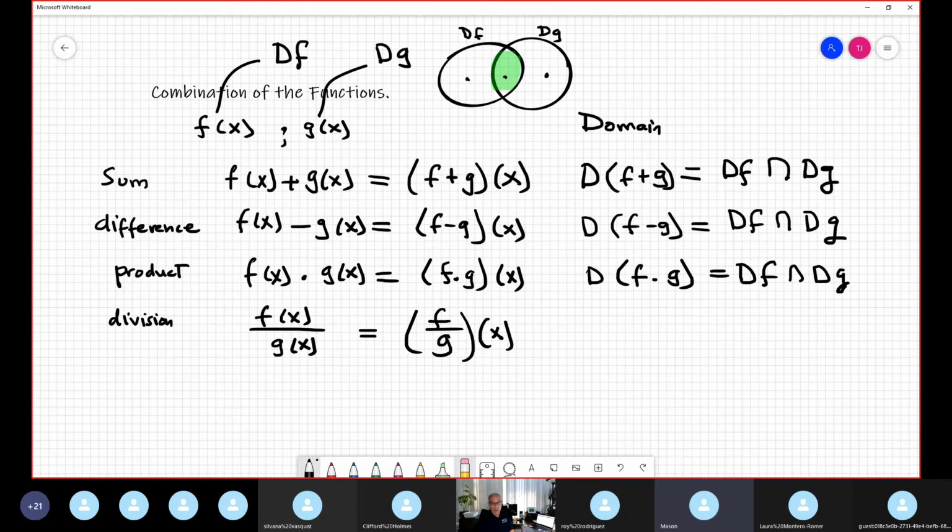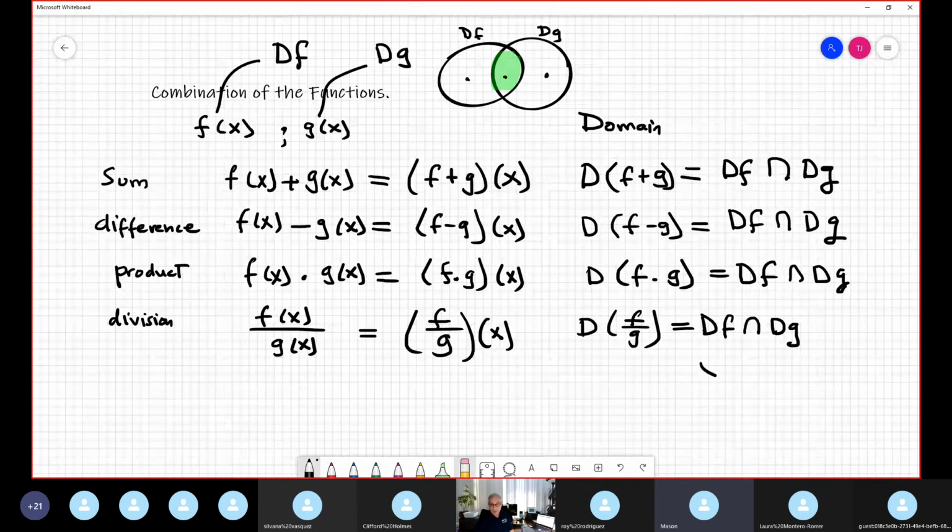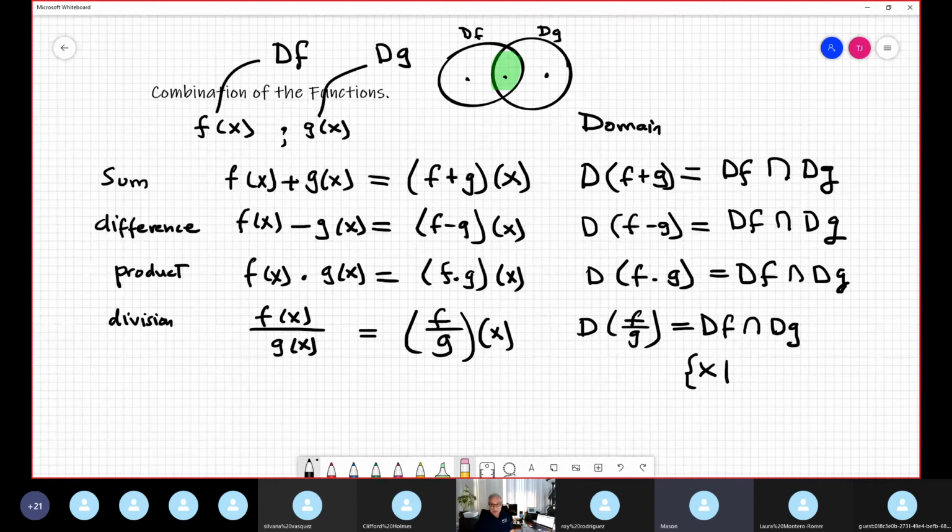And the domain of the division, no. The domain of the division is different, because the domain of the division introduces a new restriction. Remember, division is always complicated, because it's the domain of F intersection the domain of G, but it introduces one restriction: G of X, which gets the denominator part, cannot be zero.